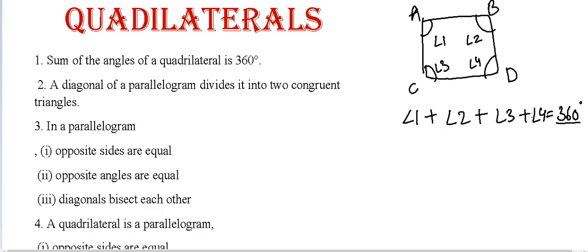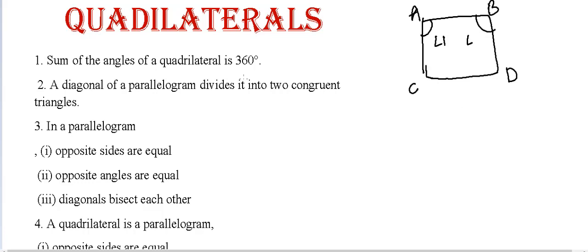Okay, it's just double that of a triangle. In a triangle the sum of angles equals 180 degrees, and in a quadrilateral the sum is 360 degrees, right? Now see the next property. It says the diagonal of a parallelogram divides it into two congruent triangles. We have learned about congruency in the previous video.